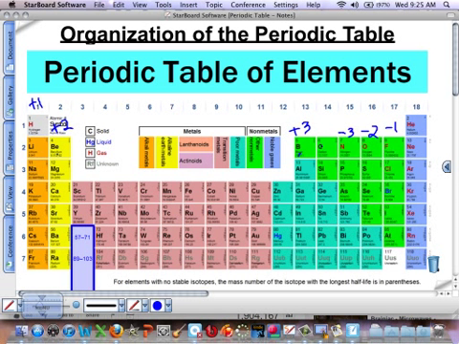So carbon has 4 electrons in its outer shell, which means it needs 4 more, or it could lose the 4 electrons. Just right in the middle, it could go either way. That whole column goes either way. It's a plus or minus 4. Sometimes they have a positive charge, sometimes they have a negative charge.